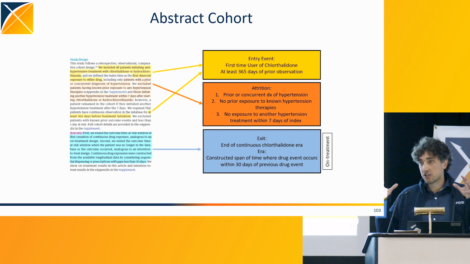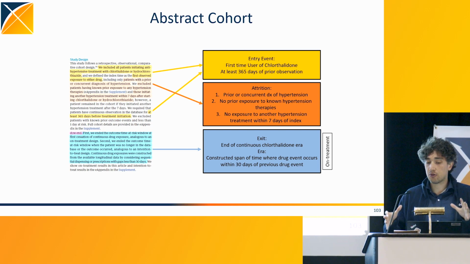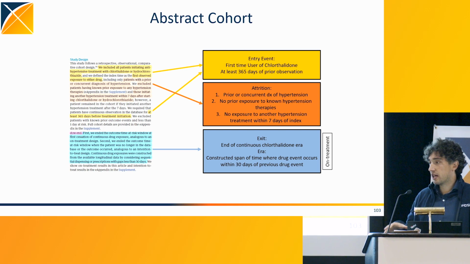Our time at risk is very important. If we're doing an on-treatment design, we only want to be looking at the patients when they're on the treatment. If we're in an intention-to-treat design, we want to look at the patients until the last amount of time that we can see. So the exit event is also really important in terms of our cohort construction. In this design, we have an on-treatment design.